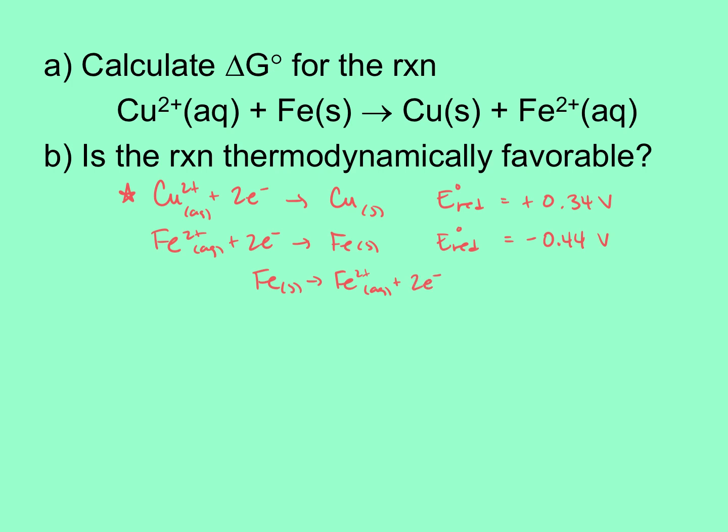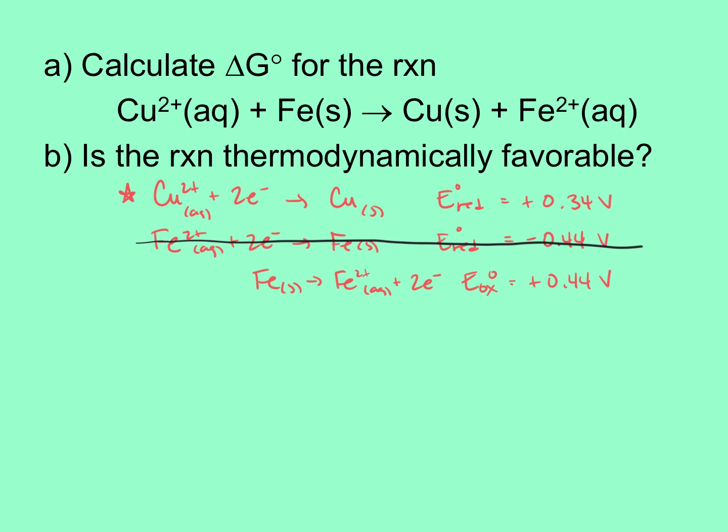And that now becomes an oxidation potential of positive 0.44 volts. Okay, and cross off this line. And then you can see that the Cu2+ and the Fe are on the reactant side, and the Cu and the Fe2+ are now on the product side.